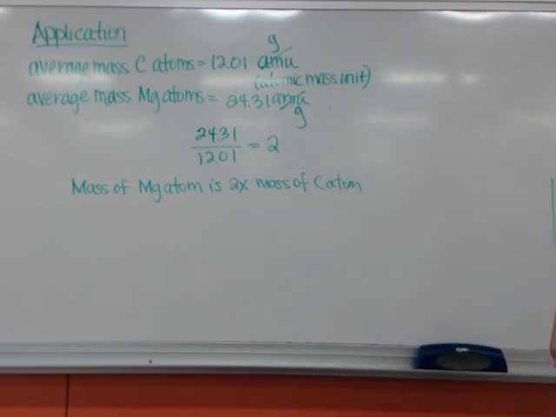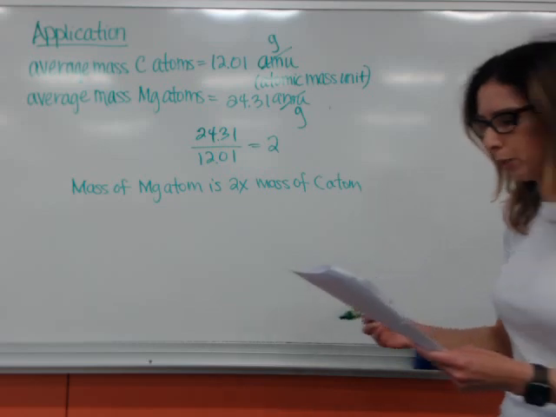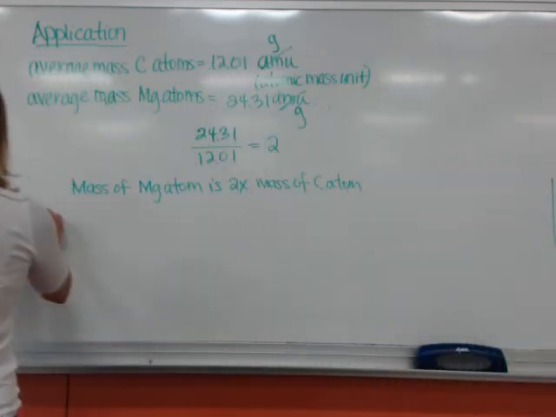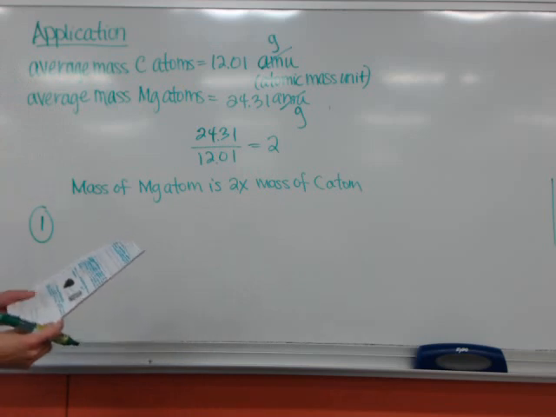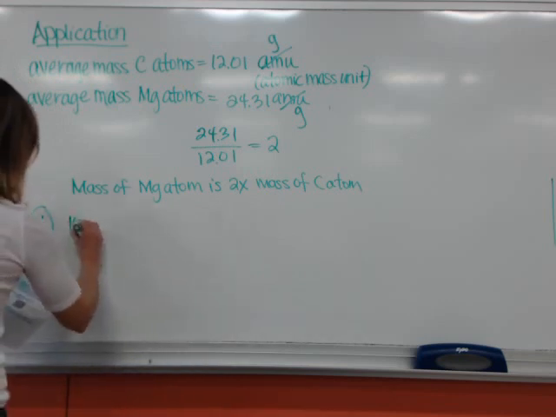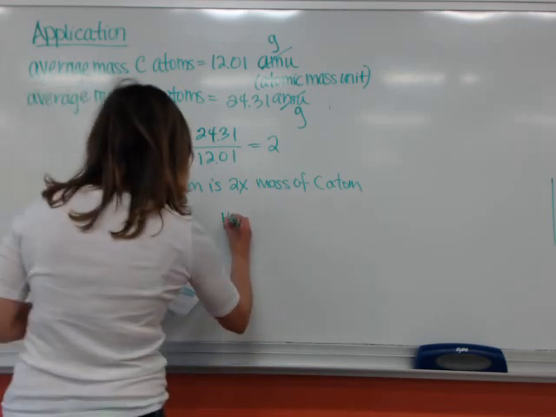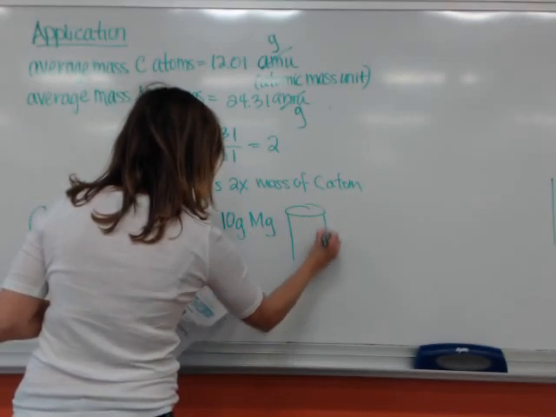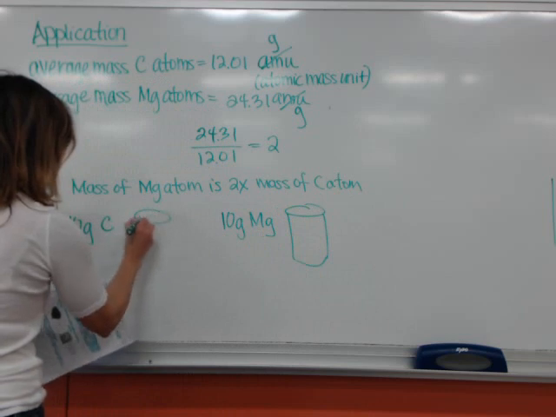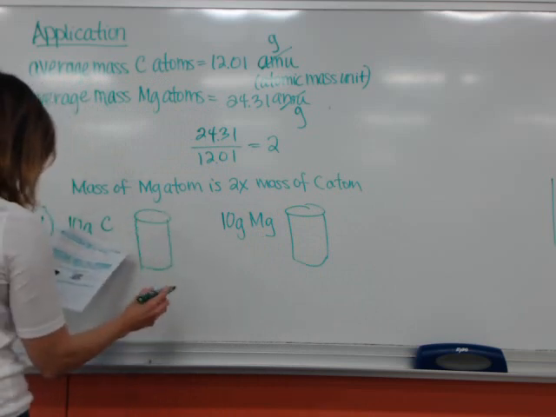Number 1 says, how do equal masses of different elements compare? You're in the lab, and you measure out a 10-gram sample of carbon in one beaker, and a separate 10-gram sample of magnesium in another. How would these samples of matter compare? So you have 10 grams of carbon and 10 grams of magnesium in containers.